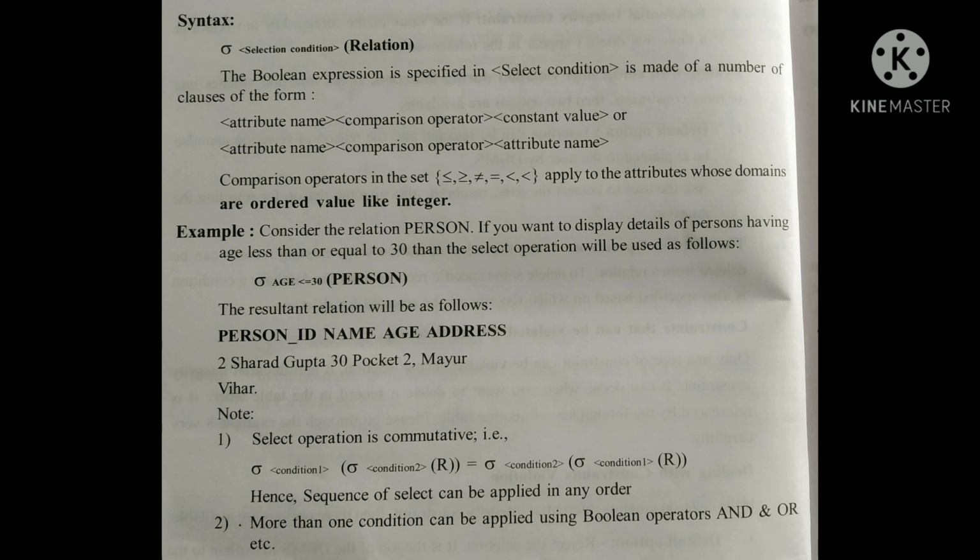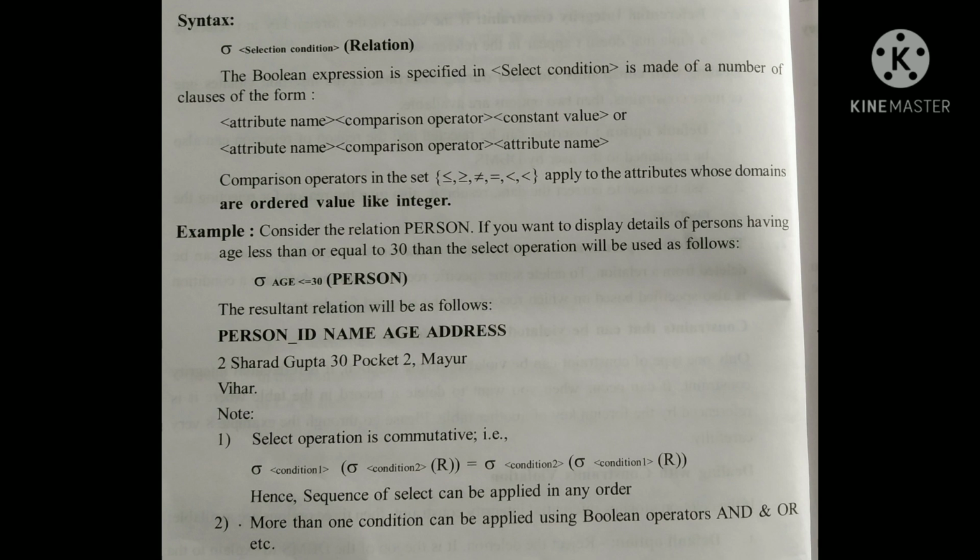For that one, we can go for an example. Consider the relation person. If you want to display details of a person having age less than or equal to 30, then the select operation will be used as follows: sigma age less than or equal to 30, person.